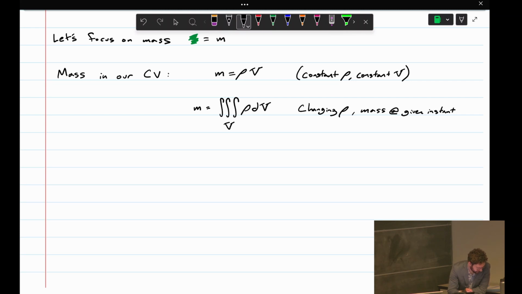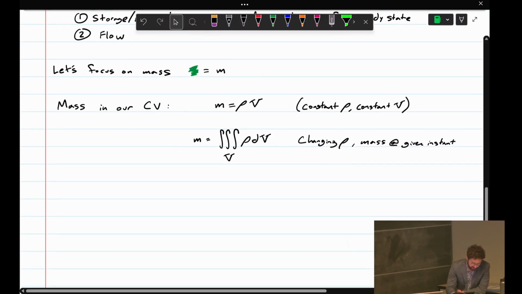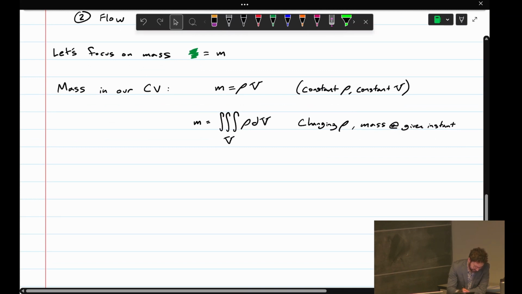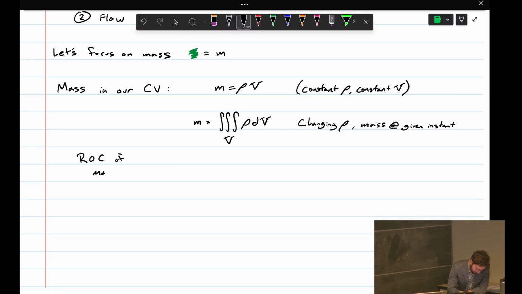So if we're talking about the time rate of change of mass, because remember in our conservation law, we're trying to conserve mass, we need to take d by dt of this. So dm by dt is just d by dt of the above volume integral.